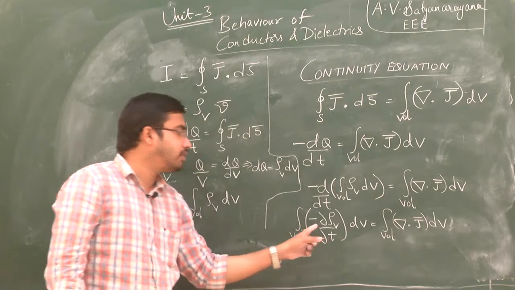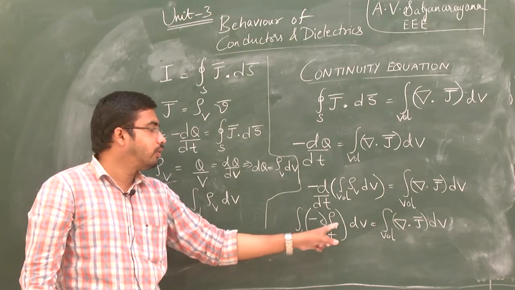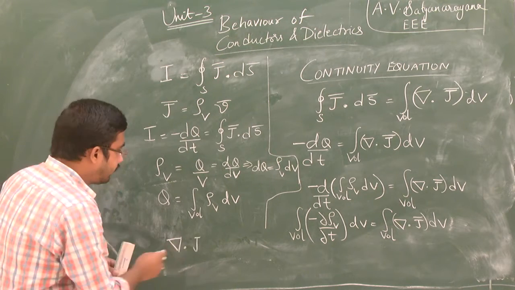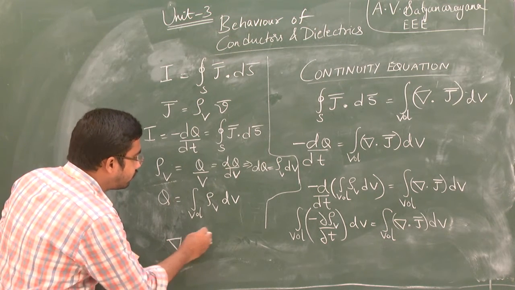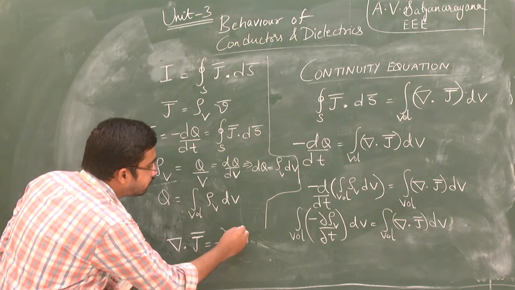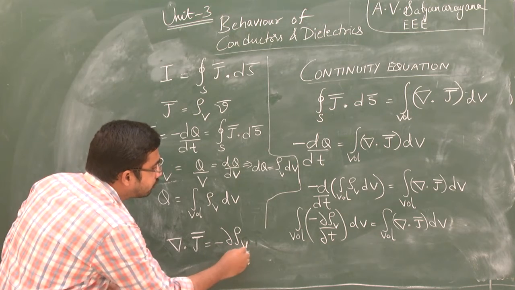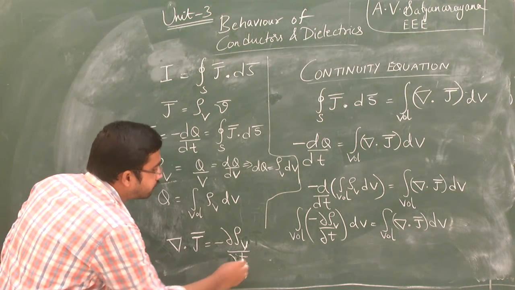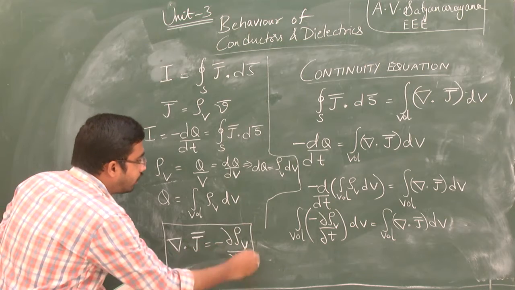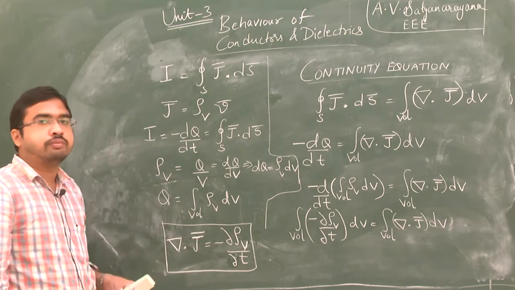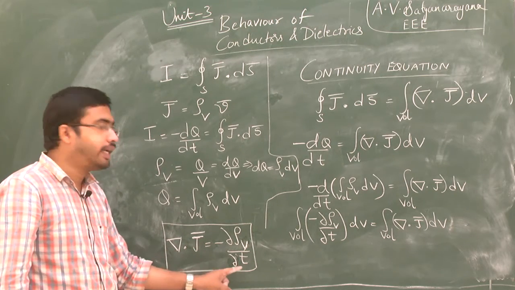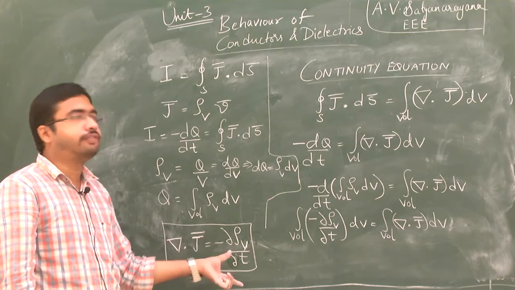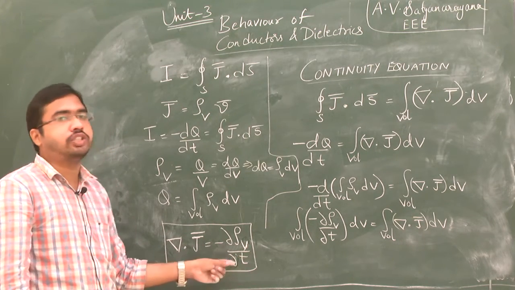Del dot j bar is equal to minus dou rho v by dou t. So your final equation is del dot j bar is equal to minus dou rho v by dou t. This is the continuity equation in point form or differential form.